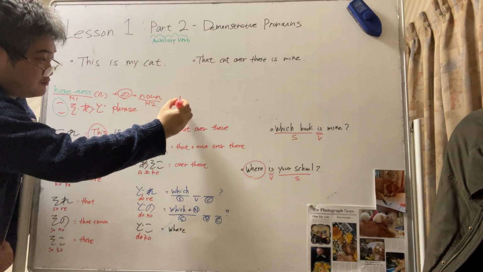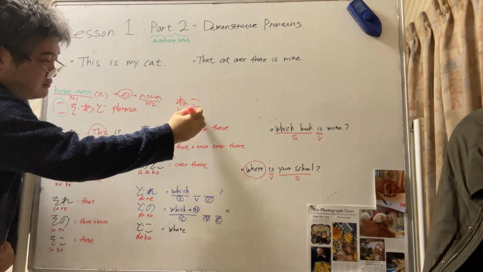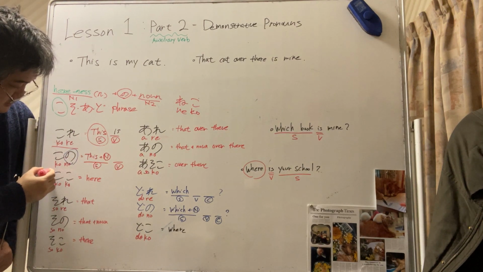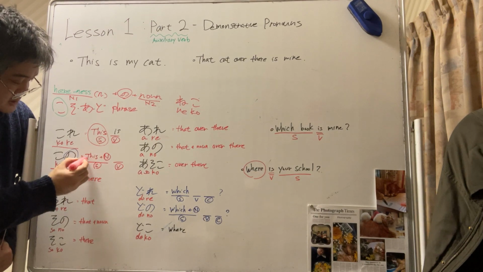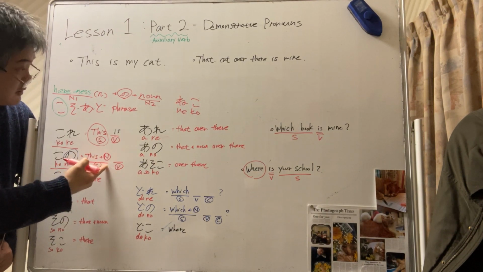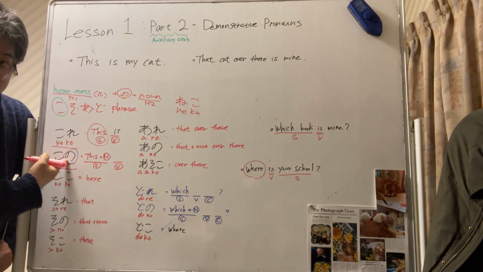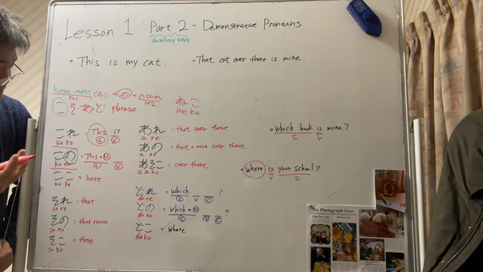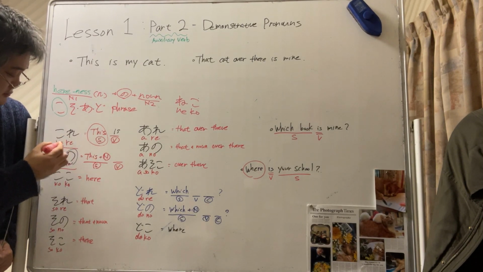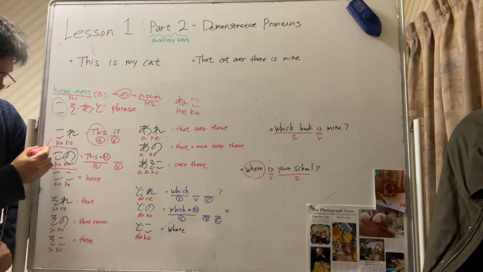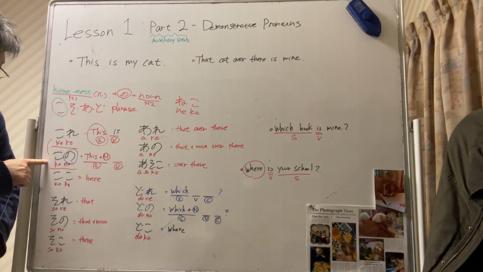Okay, I'm going to just write it here. Neko. And kono neko, right? So this plus noun comes up when no is used, and students are often confused with kore and kono.